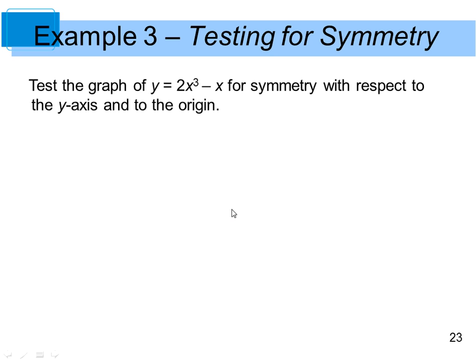So we already know what happens when we replace x with negative x. We end up with this expression right here, so I'm just going to drag this down here. So we have negative 2x to the third plus x.